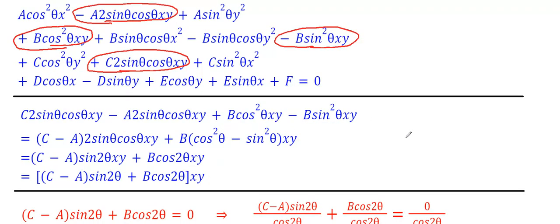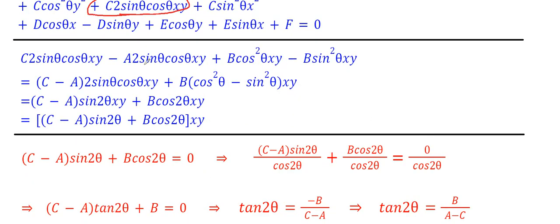We're basically going to figure out the coefficient of the xy term as we simplify things. For these two terms, I just pulled c minus a out front, basically factoring this out of both terms. And then for these two terms, I just pulled the b out front, pulled the xy out in back, and we have this expression in parentheses.